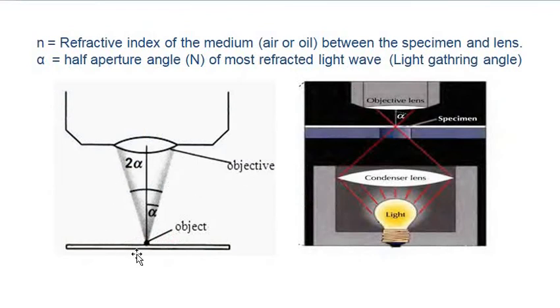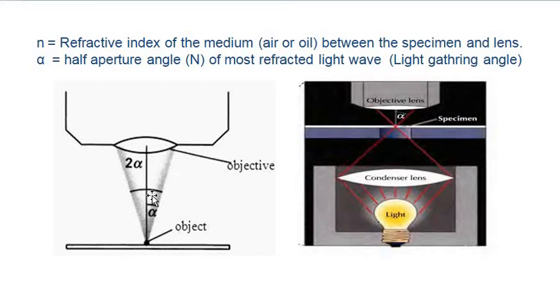Here you can see the specimen. When light passes through the specimen, it makes an angle between the specimen and the objective lens. This specific angle is called alpha, the half angle of the refracted light wave, because when light interacts with the matter of the objects, it changes its direction when it goes from one medium to another.